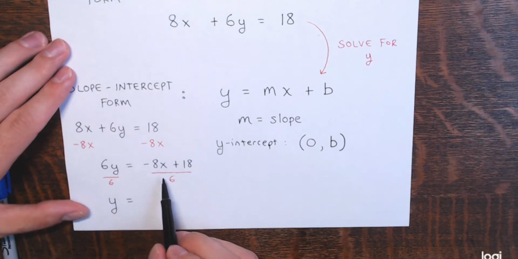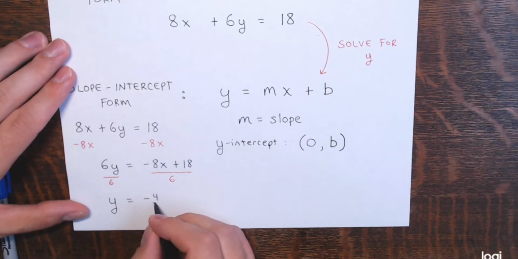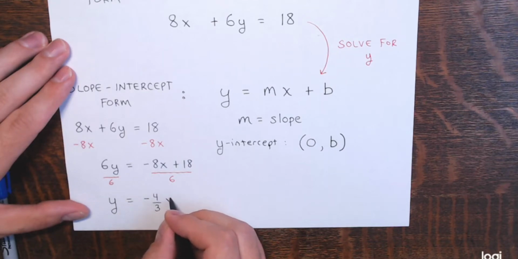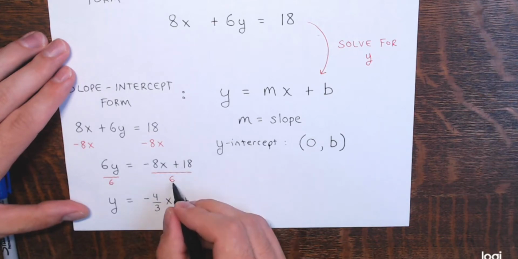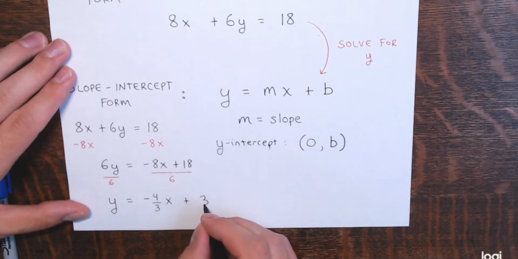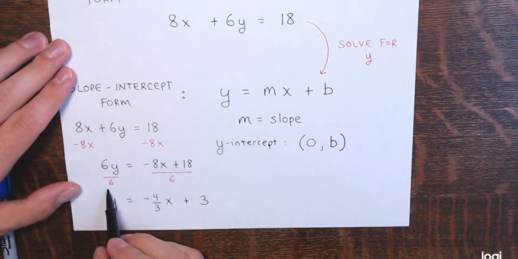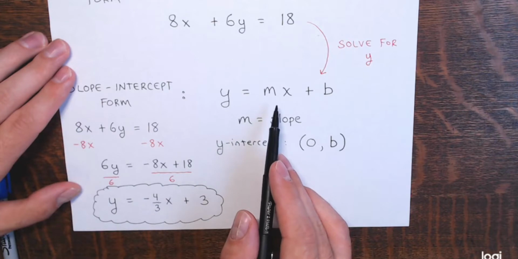Negative 8 divided by 6 is negative 4/3 when you reduce, since they have a common factor of 2. So that's negative 4/3 times x plus, and 18 divided by 6 is 3. And here we go, this is an example of an equation for a line in slope-intercept form.